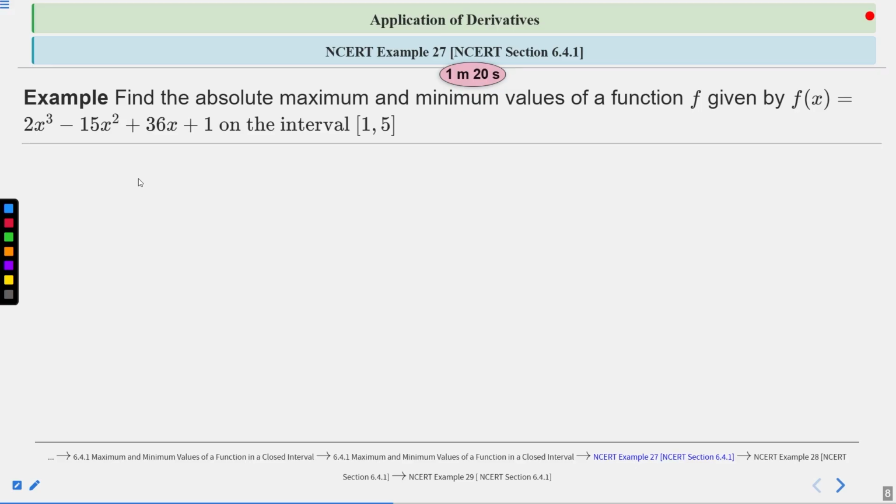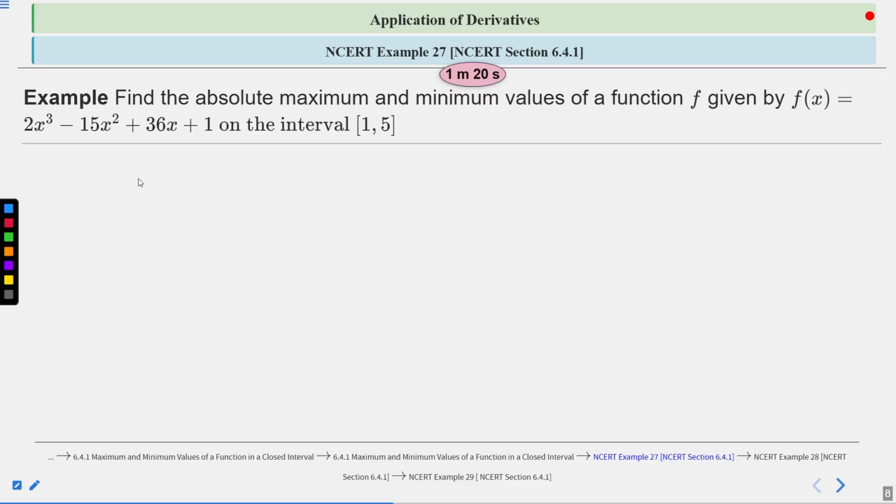So how can we solve this question? We will first find the critical points in the interval 1 to 5, that is, put f dash x equal to 0 and calculate the value of x, which will be the critical points.